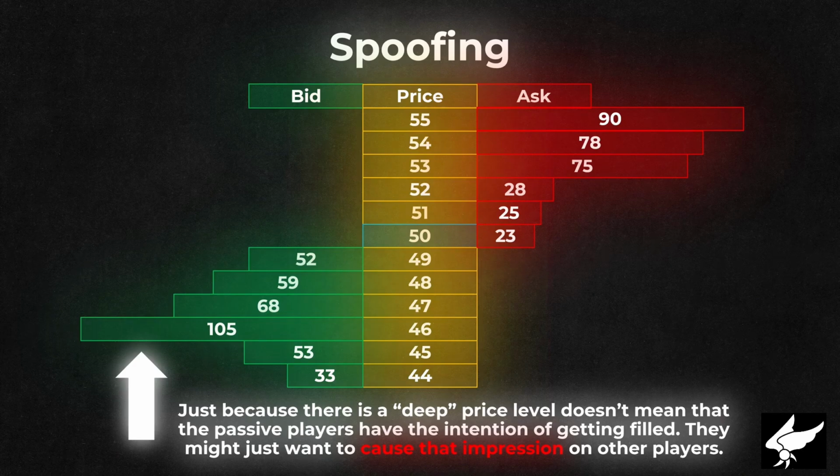In other words, passive players can place large orders that will appear in the order book, or DOM, to create the illusion that there is a lot of intent in a particular price level, but in reality, these players don't have the intention of executing these orders. They just want to induce the illusion of liquidity or supply and demand on other market players. Such orders can be quickly cancelled just before price hits them, for example.